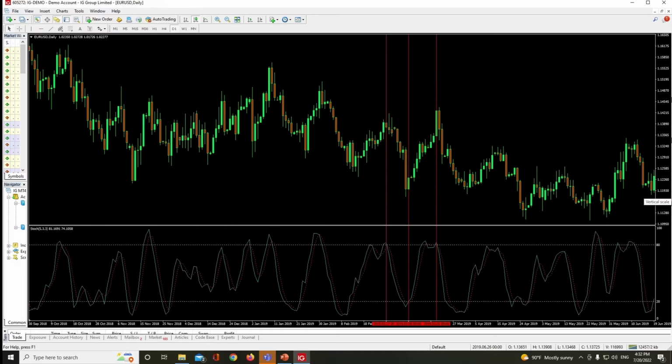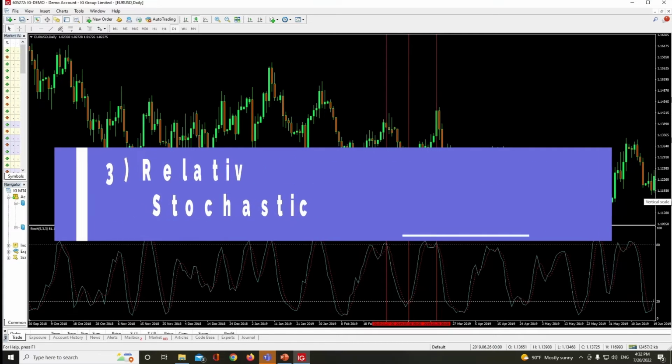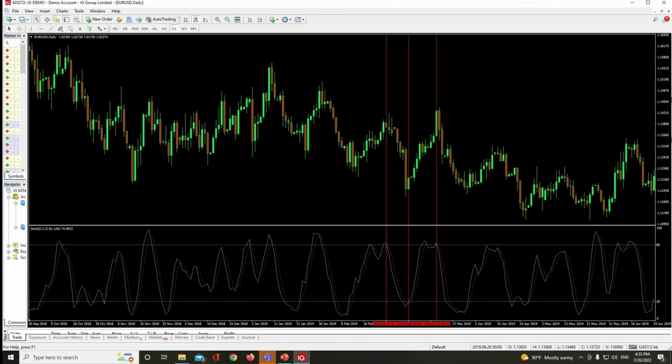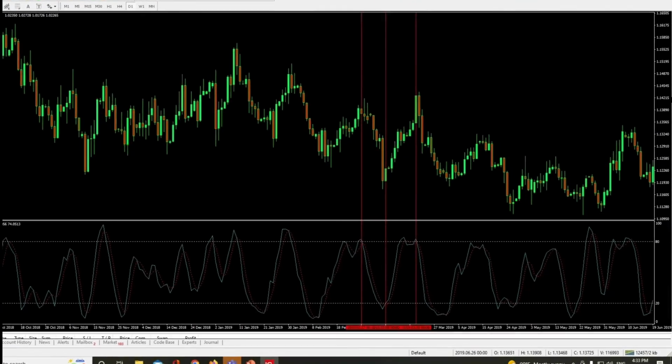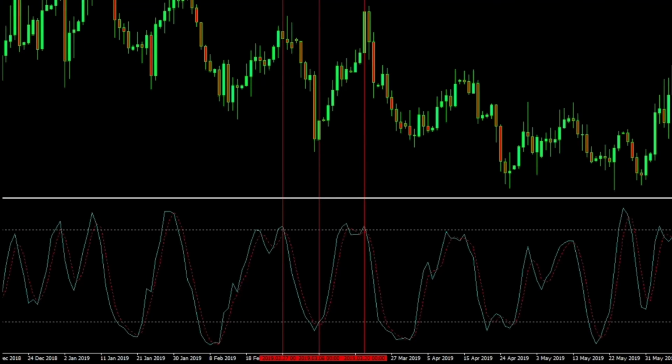The third type is relative strength indicators. These are considered to be leading indicators or oscillators. They measure buying and selling pressure in the market and point to levels where most likely the market will reverse. They appear at the bottom of the prices and I will use the stochastic indicator for this example. Market movement evolves through buy and sell cycles that can be identified through relative strength indicators.